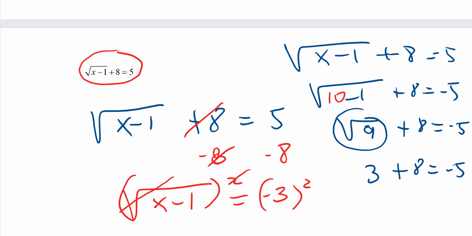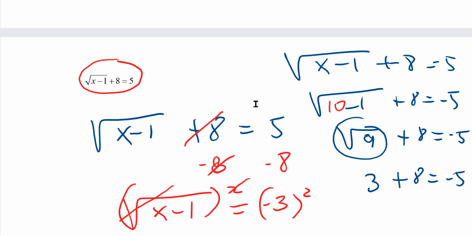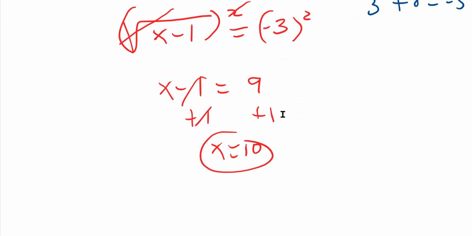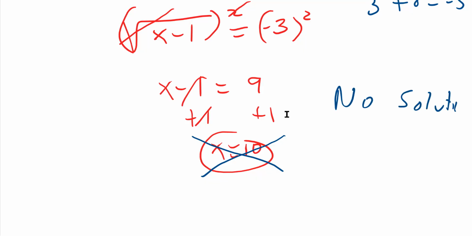Since that is false, that means 10 does not work. Since 10 does not work, we throw it out. There were no other solutions to the problem, so that means the answer is no solution. There is no number that makes that original equation true.